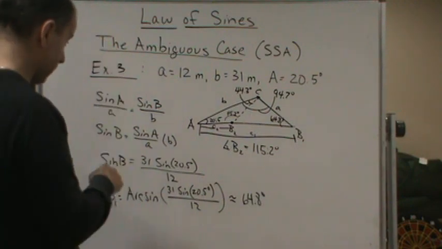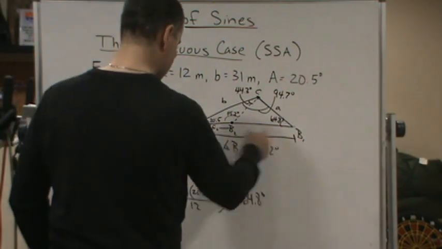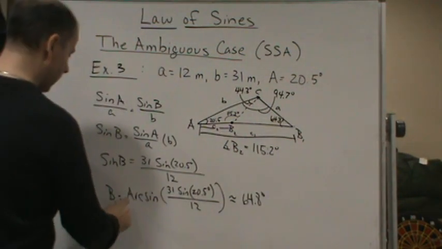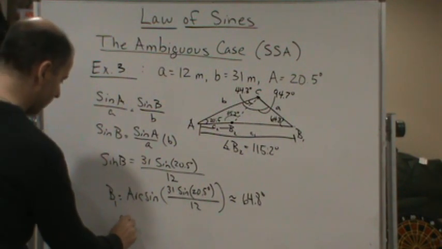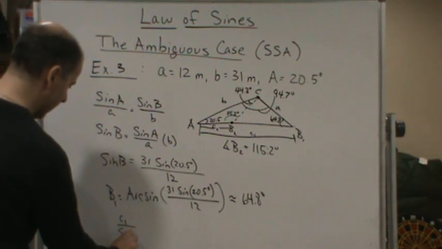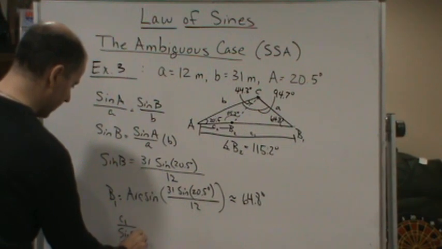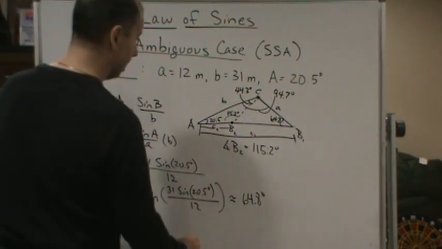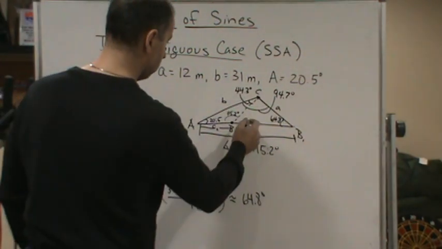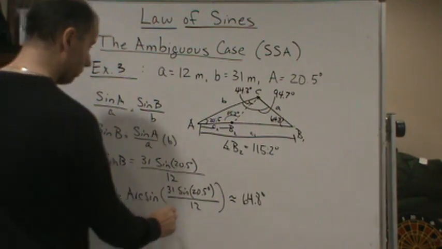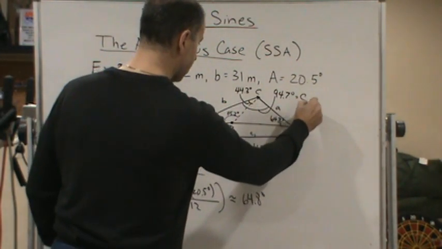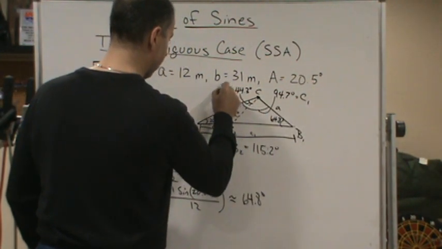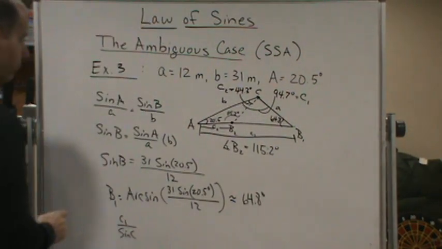Okay, so we solve for this B1, right? So let's solve for C1. So that means we'll have C1 over sine of C1, which is 94.7. So this will be C1 and this will be C2 as well.